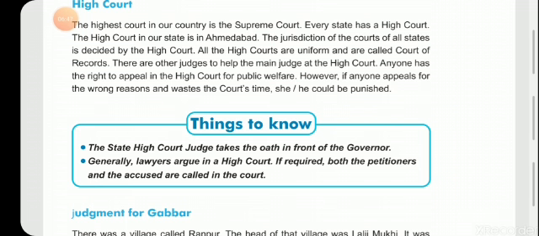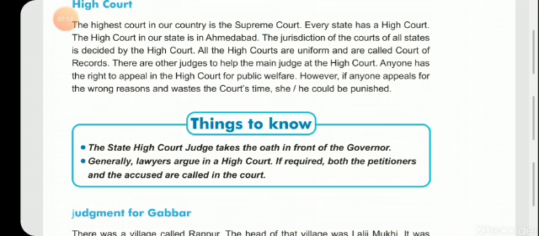Anyone has the right to appeal in a high court for public welfare. However, if anyone appeals for the wrong reason and wastes the court's time, she could be punished. See, we have a freedom to get justice, and justice would also be given unbiasedly to us. Anyone can appeal, meaning go to court and seek justice for the welfare of the people.